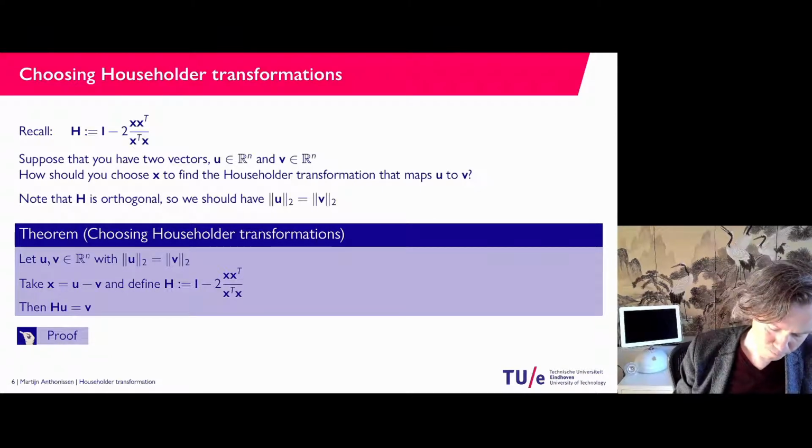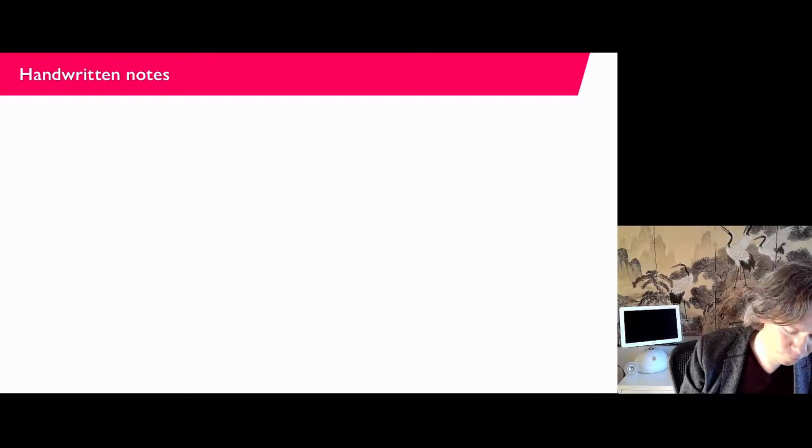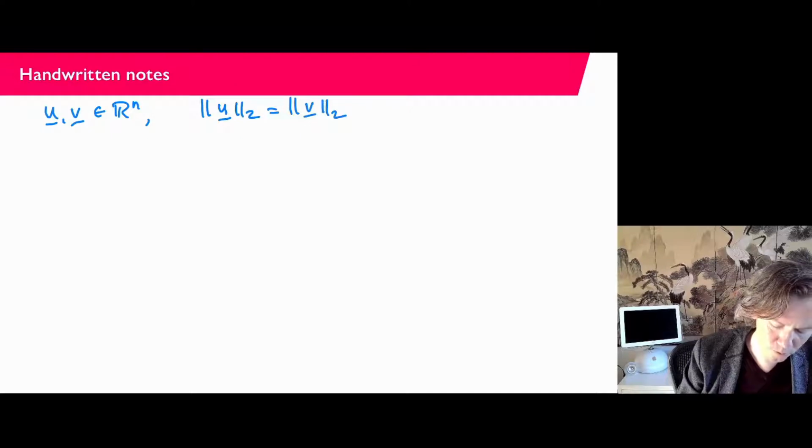So what do we have? We have two vectors, u and v, in R^n. They are given. The length of u in the 2-norm equals the length of v in the 2-norm. So that means the inner product of u with itself is the inner product of v with itself.